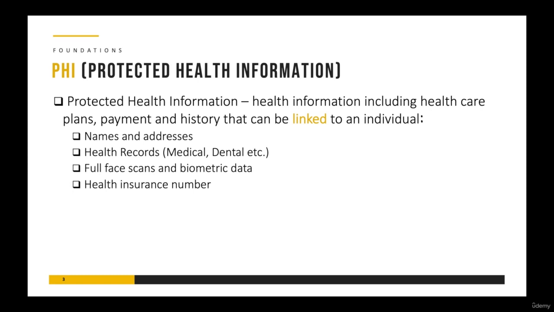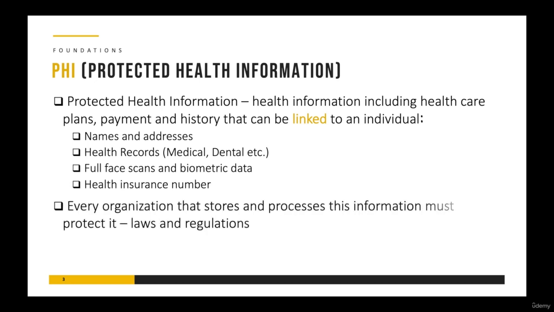The primary difference between PII and PHI is that PHI caters specifically to health related information. Similar to PII, every organization that collects, stores, and processes this kind of information must protect it. There are laws and regulations in place which we are going to discuss shortly, and there are penalties applied if organizations do not comply with these regulations.